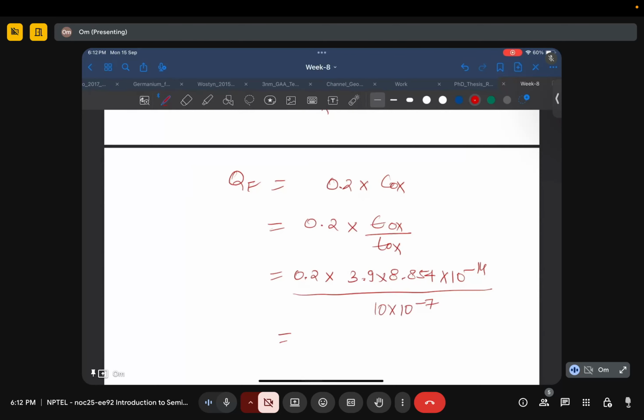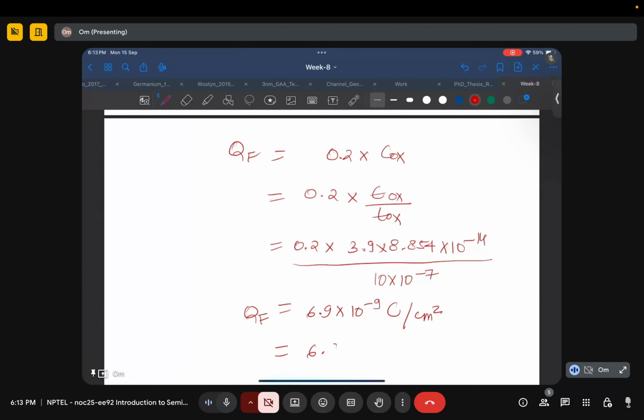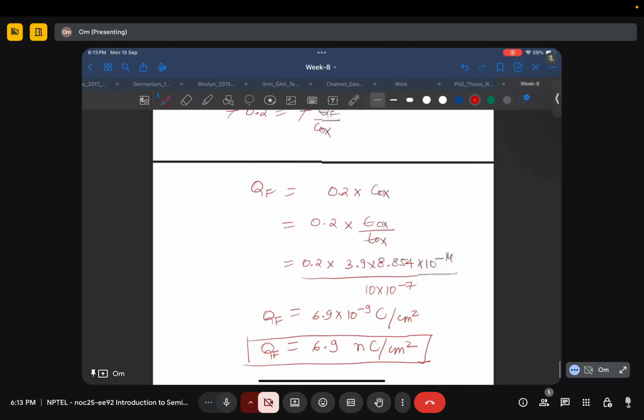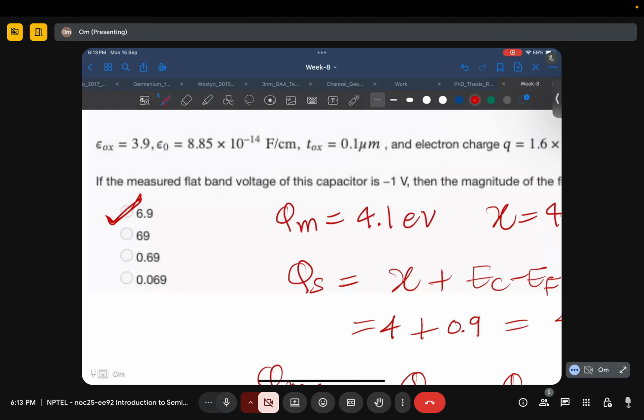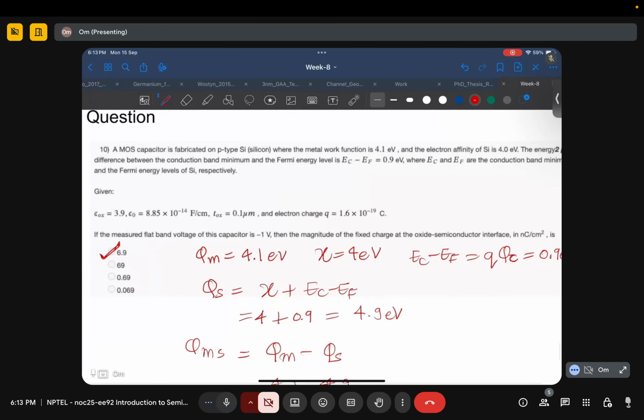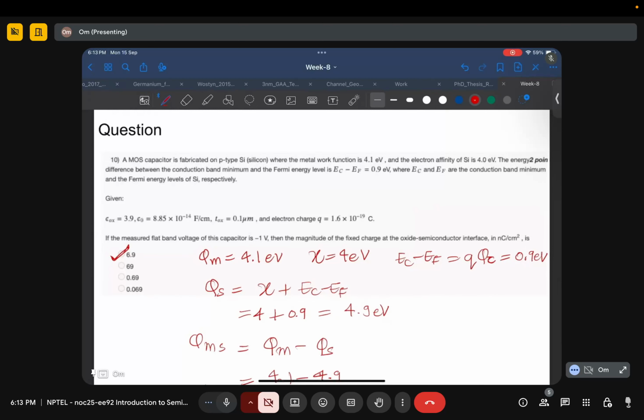So if we solve this, we get QF is 6.9 into 10 to the power minus 9 coulomb per centimeter square, which is 6.9 nanocoulomb per centimeter square. This is the required answer. The answer is option A, 6.9 nanocoulomb per centimeter square.